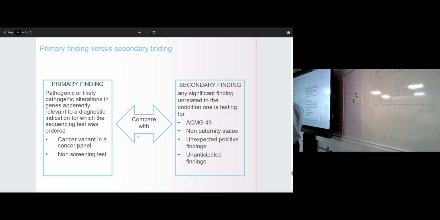Or, a typical secondary finding is that you find that your dad is not your real dad, which I think like 6% of the UK population don't have the dad that they think they do have. That is an incidental finding, because it's something you see in the genetics that you weren't expecting, and yet it has a massive impact on the patient.